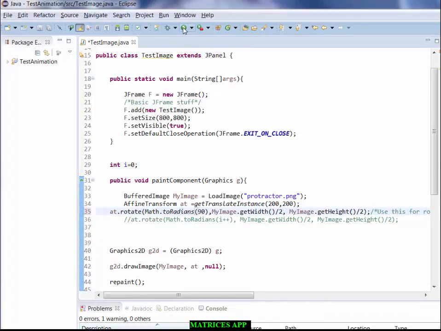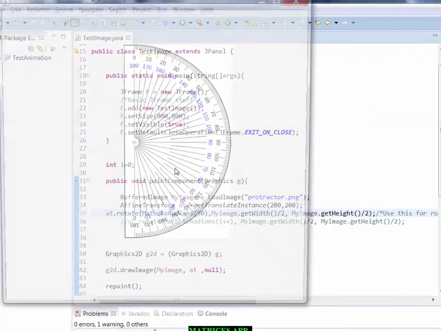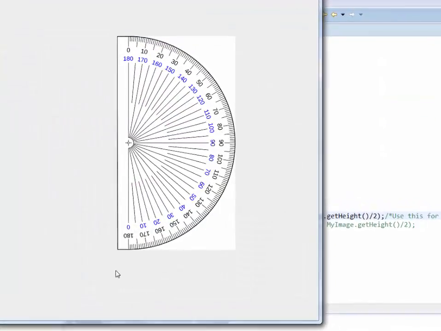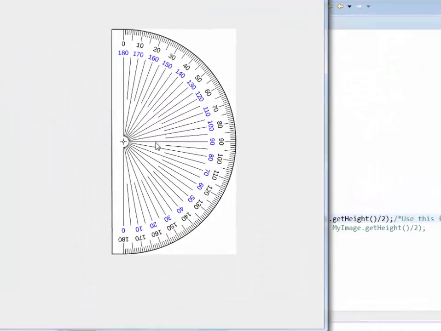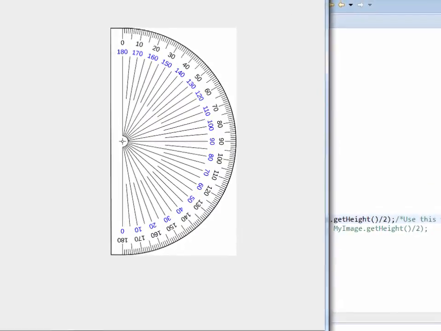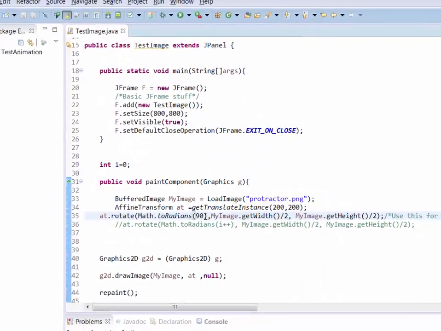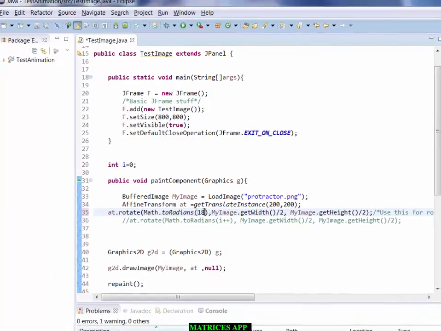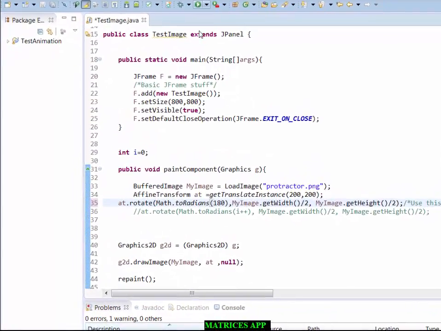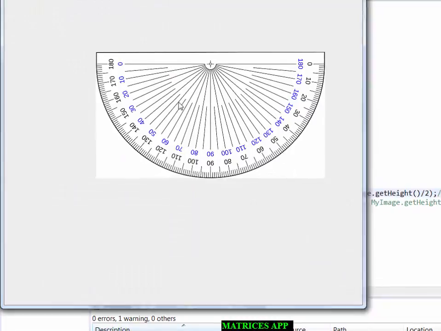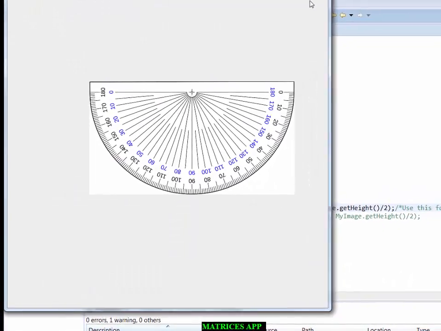Now it is 90 degrees, and the entire picture is rotated by 90 degrees. And finally this is 180 degrees. Here you can see that every point is getting transformed by 180 degrees.